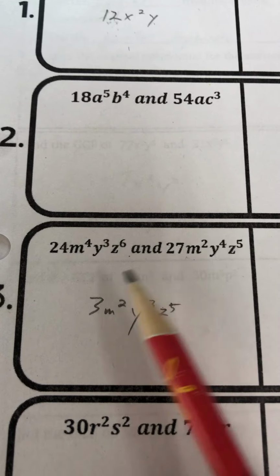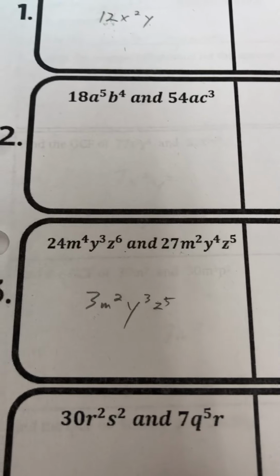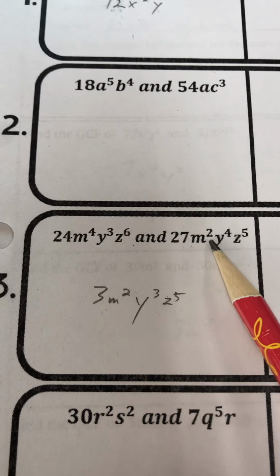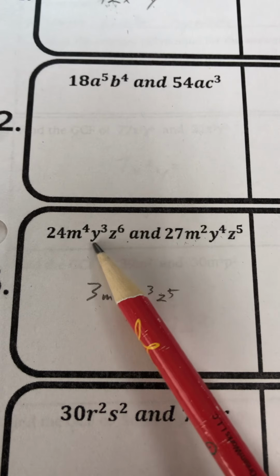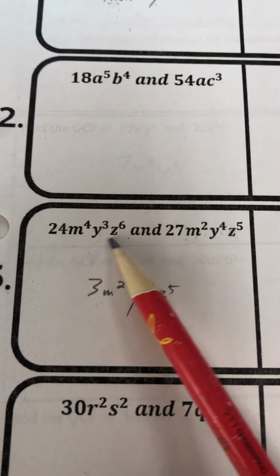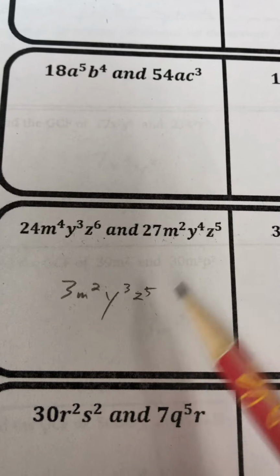getting the greatest common factor for 24 and 27, it's going to be 3. And then the m squared is as high as I can go with the m's. With the y's, the highest I can go is 3. And z, the highest that would cover both of these, that's why I'm saying the highest I can go, is z to the 5th, okay?